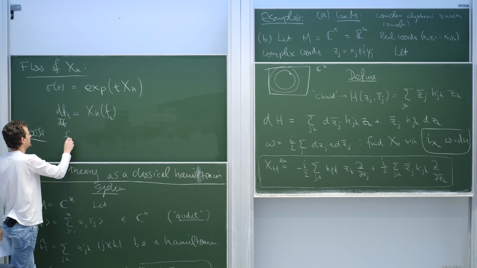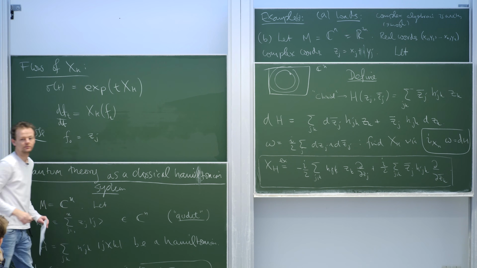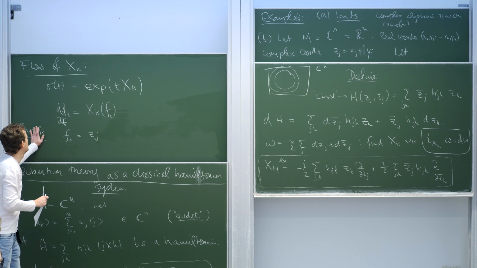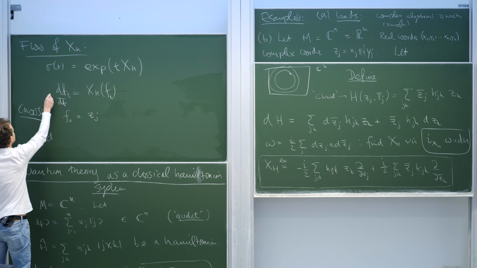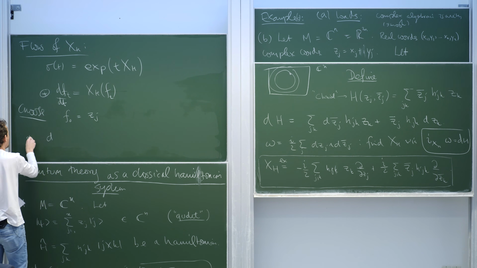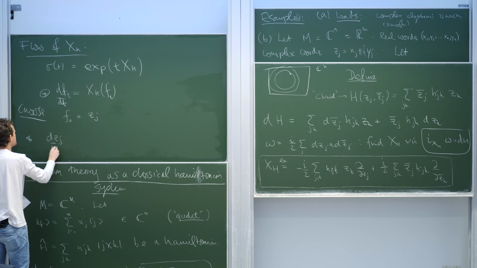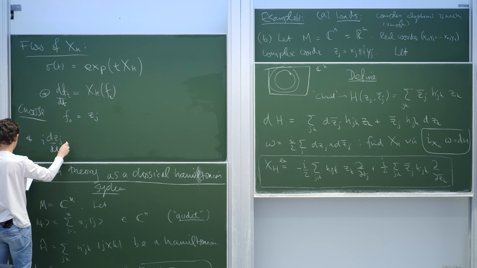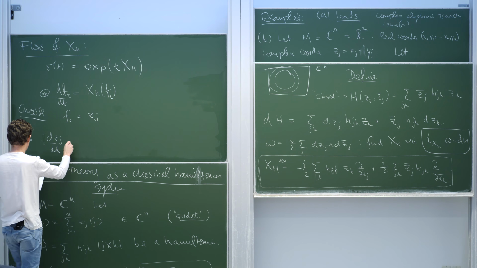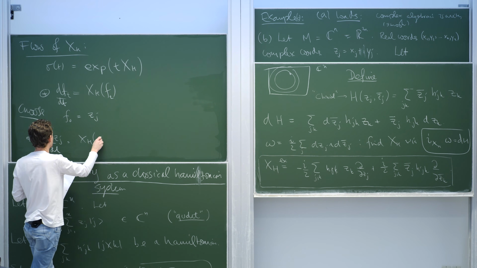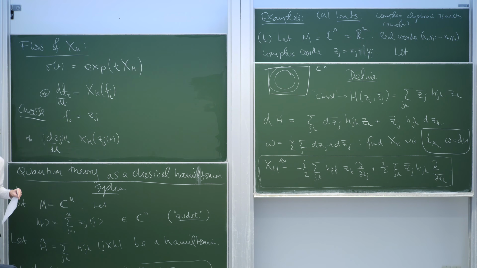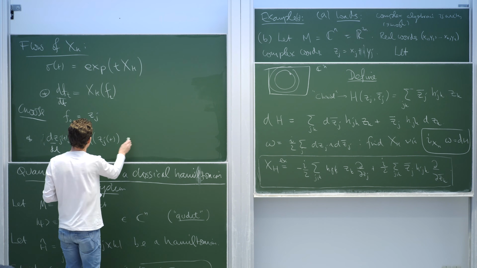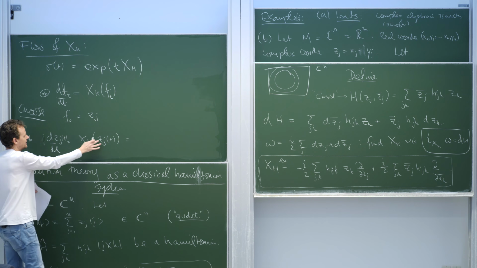So let's just choose f at time 0 just to be the jth coordinate, the jth complex coordinate. Then this equation here, what does it tell us? That the change in the coordinate at some time t is x of h applied to that.